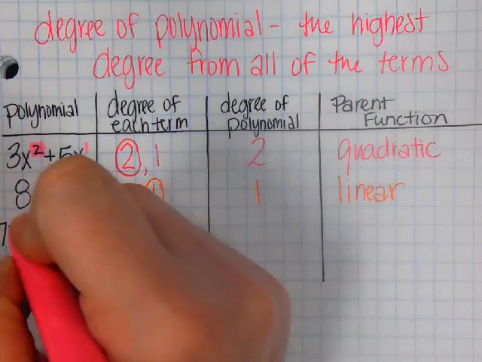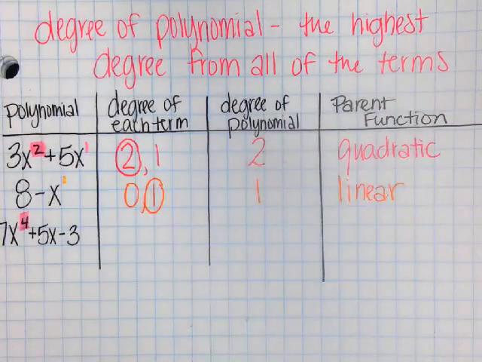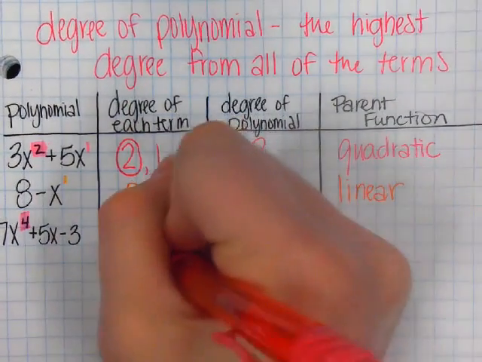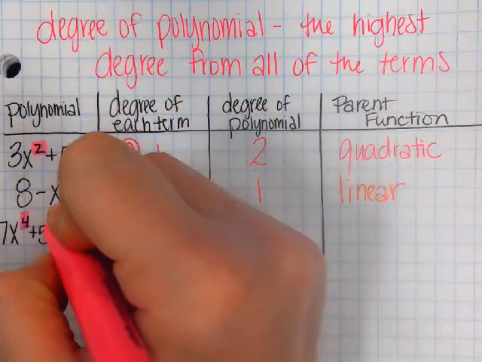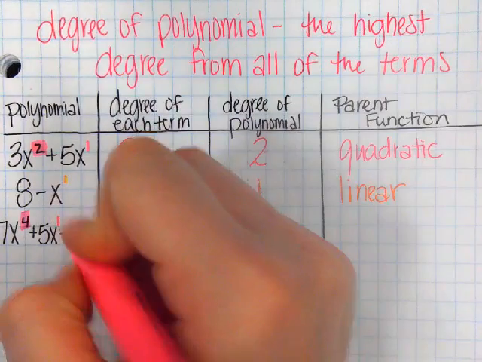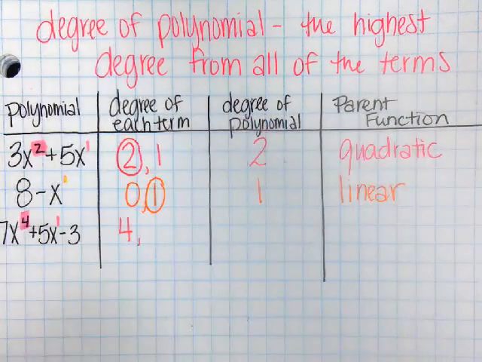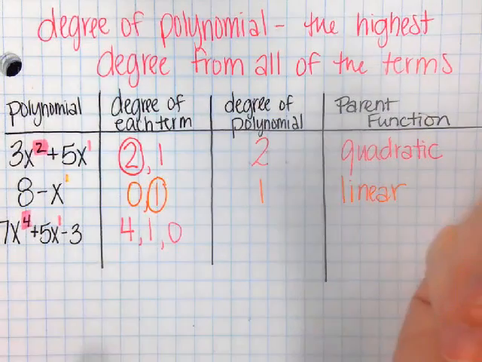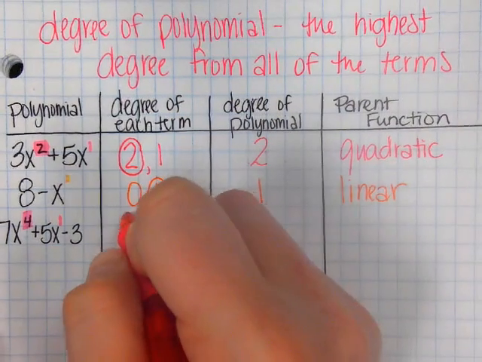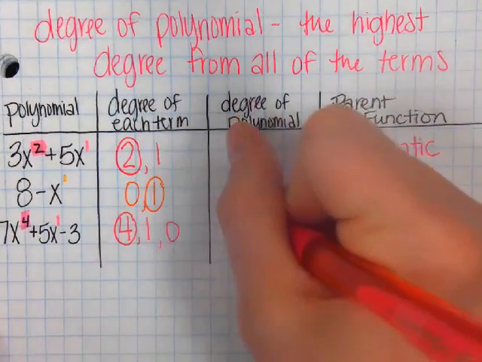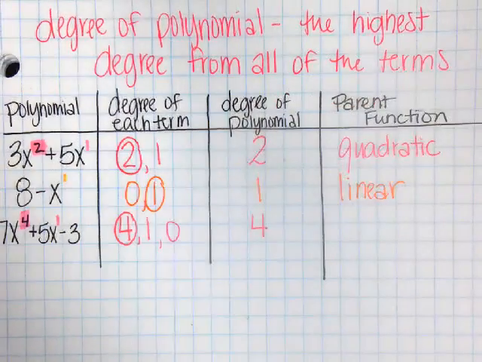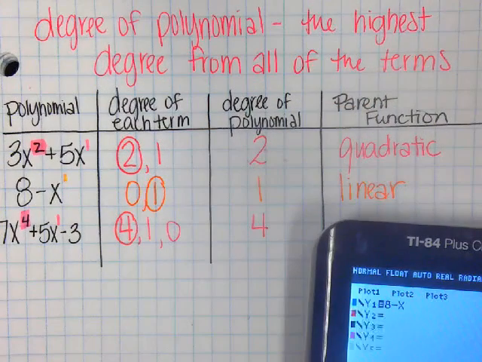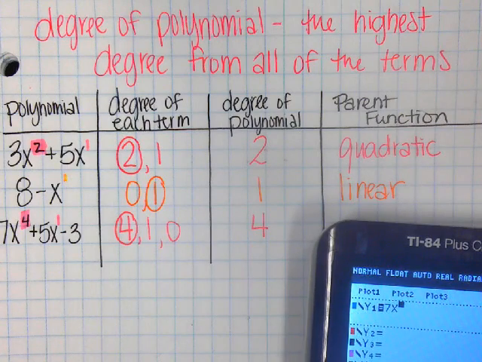Okay. And the next one, if you look, first degree is 4. Second degree is 1. And then there's 0 variables, so it would be 4, 1, and 0. So the highest degree is 4. So my degree of polynomial is 4.